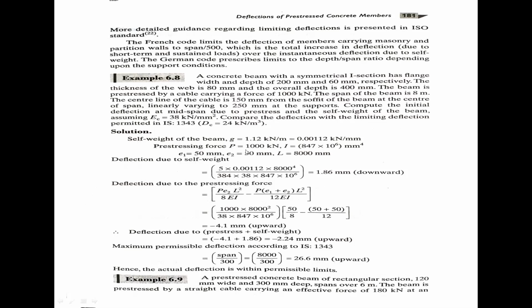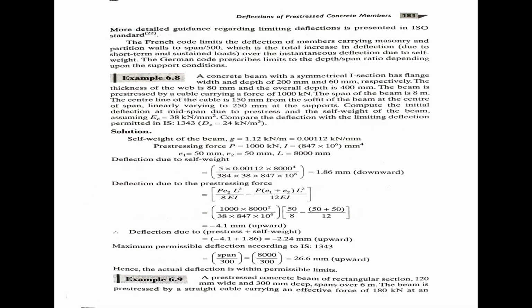Okay, and the prestressing force P is given as 1000 kilonewtons. Okay, next the eccentricities are given. The cable is 150 mm from the soffit of the beam at the center of span, linearly varying to 250 mm. Compute the initial deflection at midspan due to prestress and the self weight of the beam. Okay, self weight of the beam we have to assume; I take 1.12 kilonewton per meter.